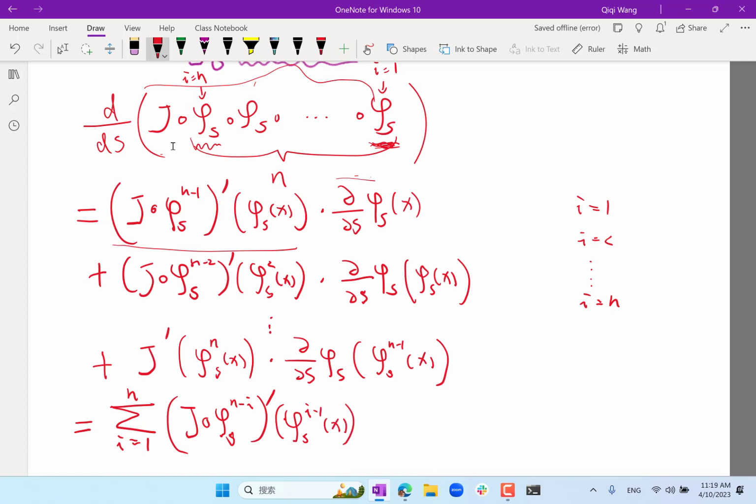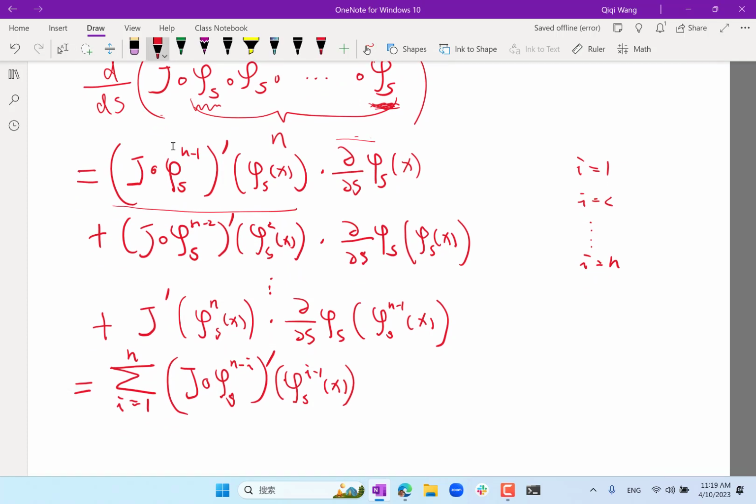That's the location where the derivative is evaluated. And then times the partial derivative of phi with respect to s, but then evaluated at vs, oh sorry, this is actually not i minus 1, this is i. So the derivative is evaluated at the ith compound. The partial derivative of phi is evaluated at i minus 1th power of x. Right, so that's the result of the chain rule.